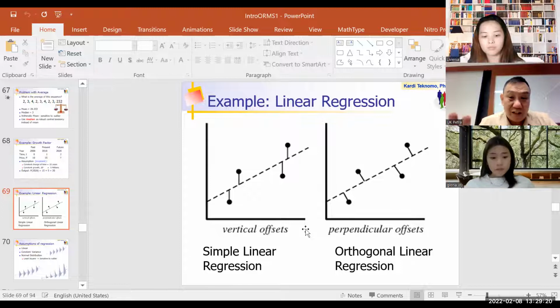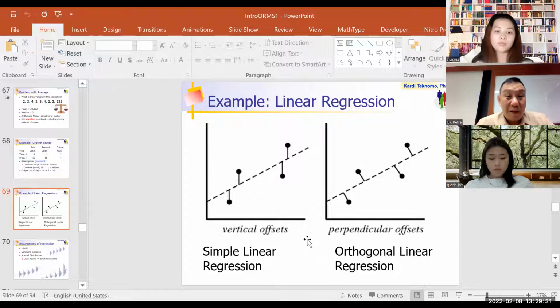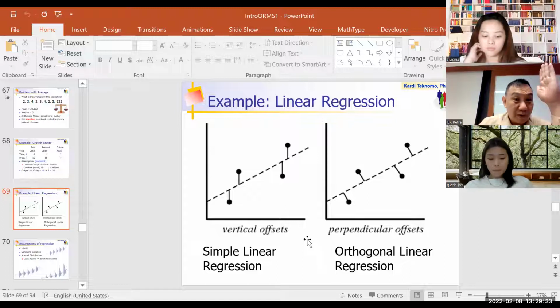Of course, computationally it is more complex, but at the same time this is more correct. For example, if your model is actually vertical, orthogonal linear regression can still do it, while simple linear regression cannot.